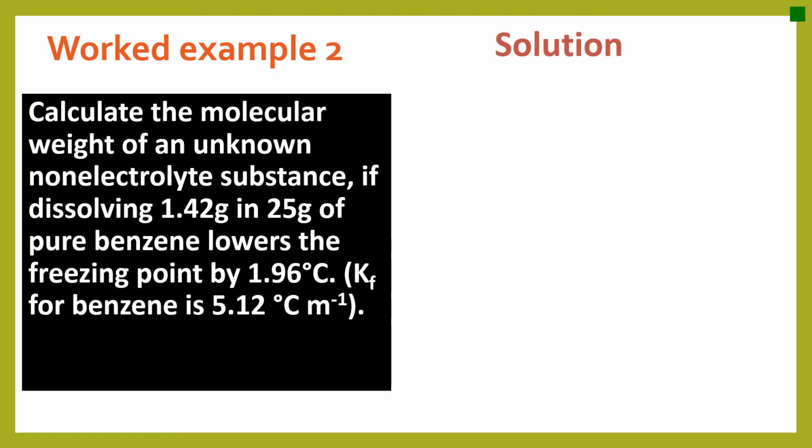We are given the freezing point depression constant Kf for benzene, which is equal to 5.12 degrees Celsius per molal, and then we are asked to find the molecular weight, or the molar mass in other words.